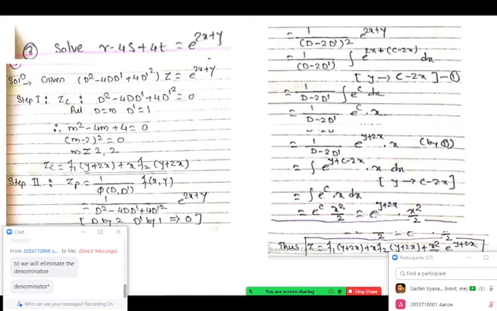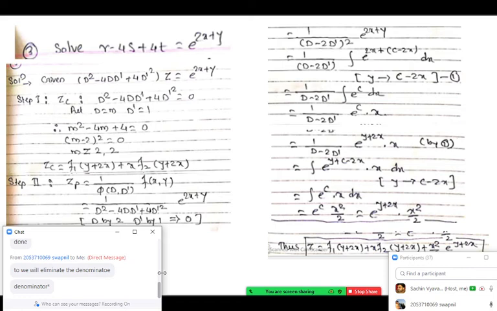Any other doubt? Sir, I did not understand how the denominator was operated. This is a formula, right? So what did you learn as the rule of the general method? I told you two times. See the rule. We are not going into the derivation right now, I am just telling you the rule. 1 upon D minus mD dash of f of x, y is nothing but the integral of that function, x comma c minus mx dx.